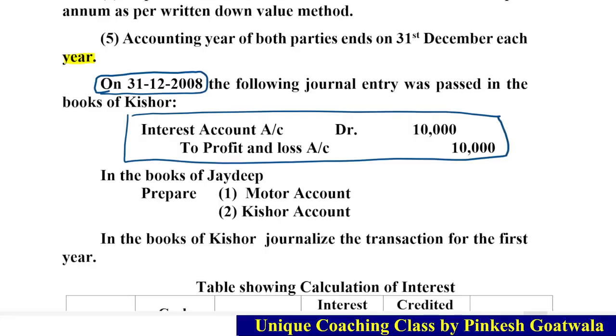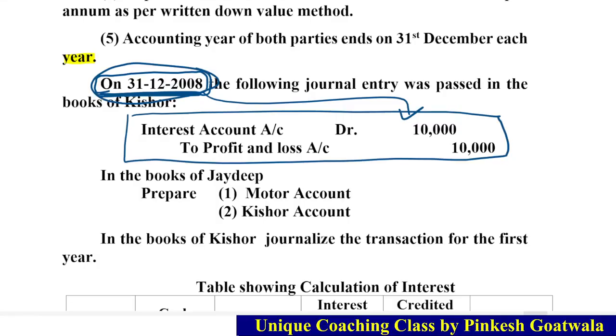From this journal you can know that on 31st December 2018, interest was 10,000. What would the interest on 31st December 2008 be? It should be 10,000, only then would they have made the journal, right?